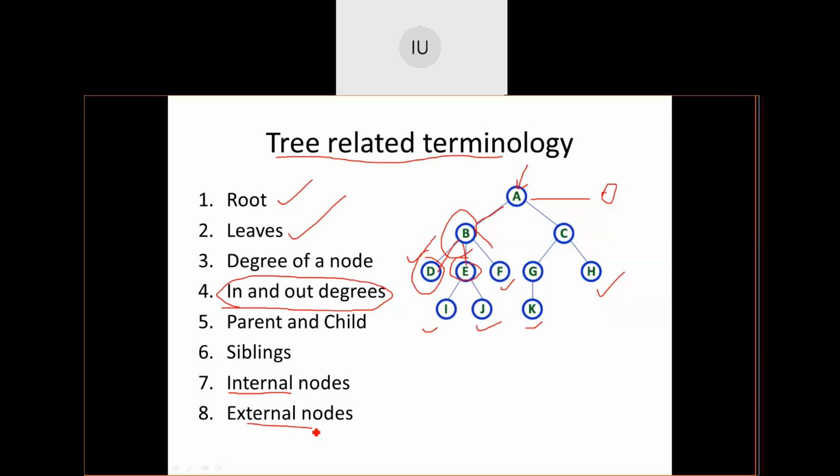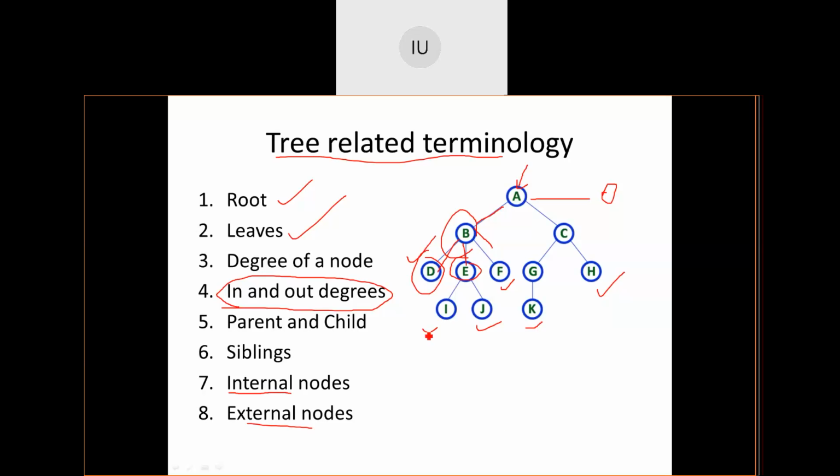Root and leaf nodes together constitute the external nodes. It means internal nodes must have at least one or more children. They are termed internal nodes.